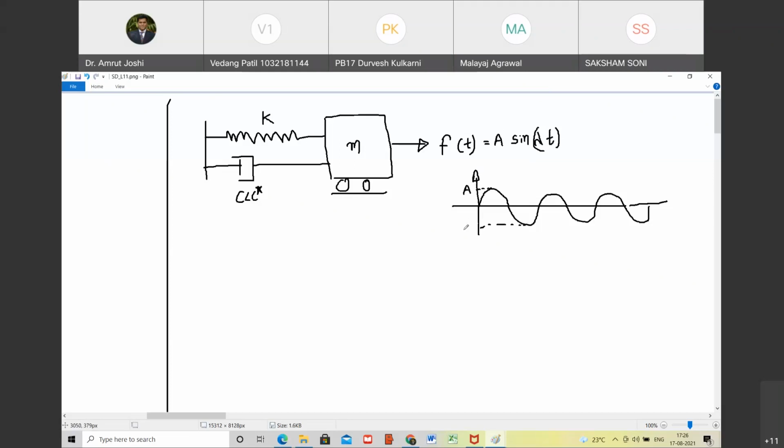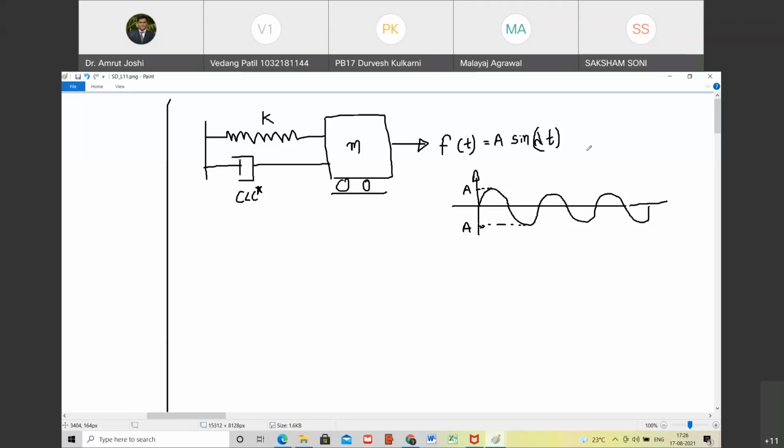This value will also be minus A, but on the minus side. Why? Because sine lambda t takes values between minus 1 and 1. So the maximum value of f of t is going to be A, and the minimum value is going to be minus A.